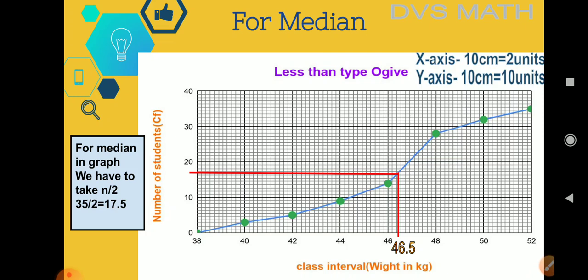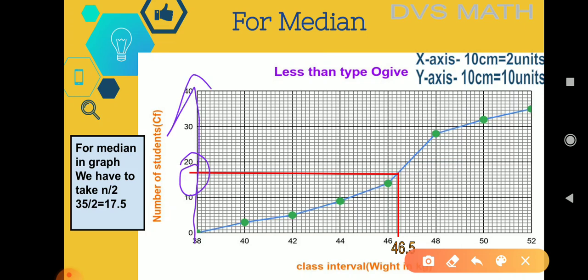Here, you have to take half of the n value. Here 35 is the n value, you have to halve it. So half of 35 is 17.5.